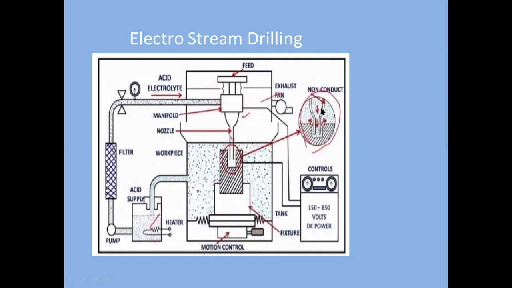You can see in this picture, once the flow is happening, it immediately removes material and the flow moves away. Here you want to observe the work hole diameter is more than the tool, a similar application to chemical drilling.